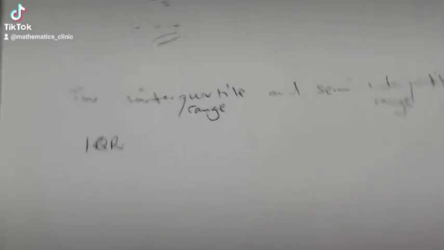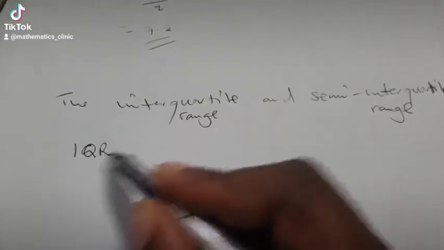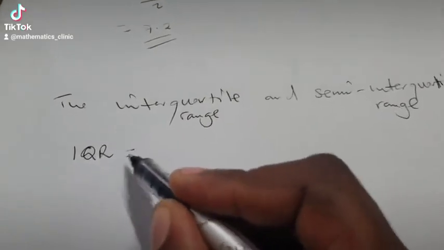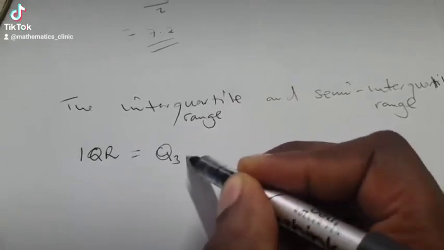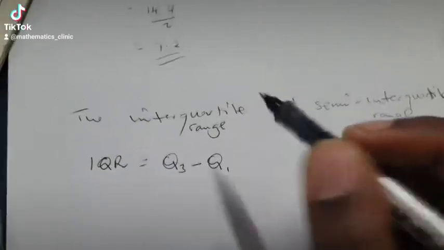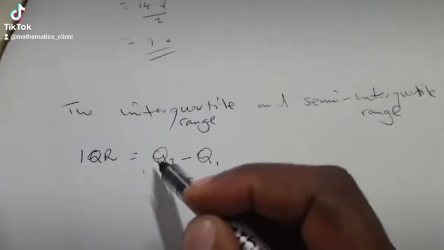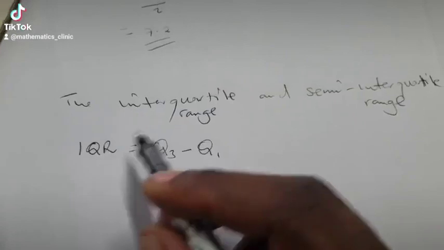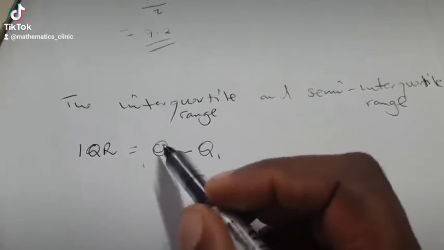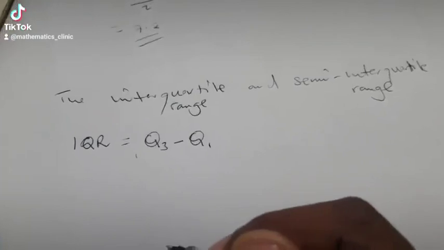So how do you find the interquartile range? You say upper quartile, which is Q3, minus lower quartile. Just like the way we find range, which is the highest data value minus the lowest data value, for the interquartile range we get the upper quartile minus the lower quartile.